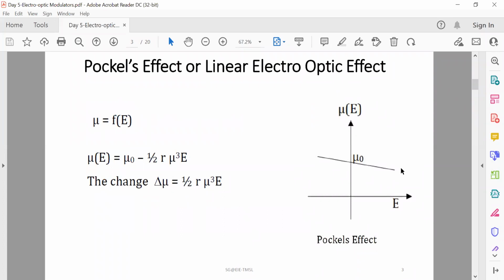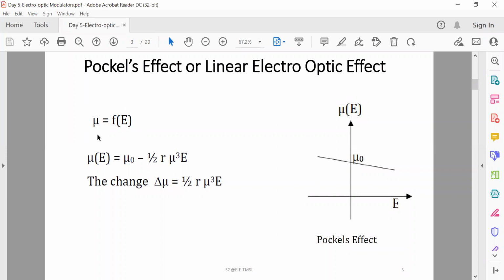In the Pockels effect, which is observed only in non-centrosymmetric material, the change in the refractive index, delta n, is proportional to the applied electric field E. We can write it using this equation.